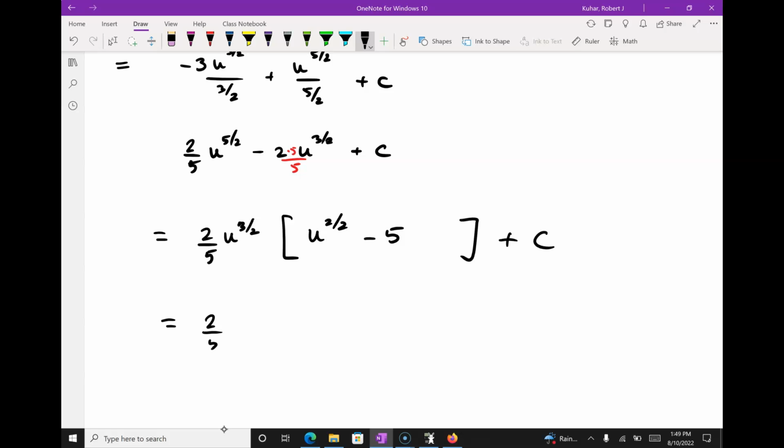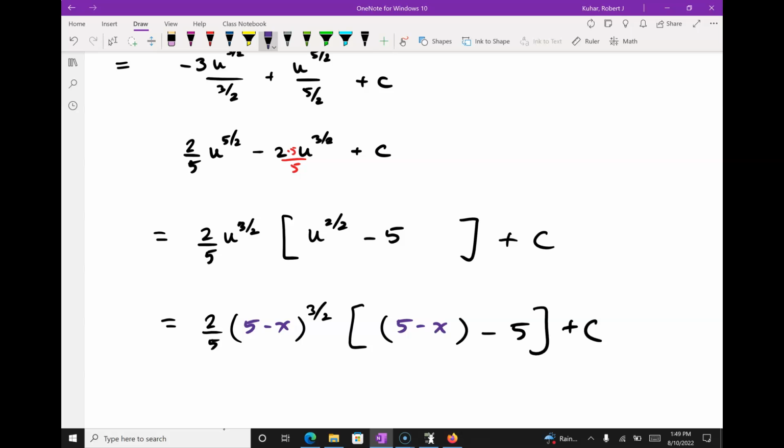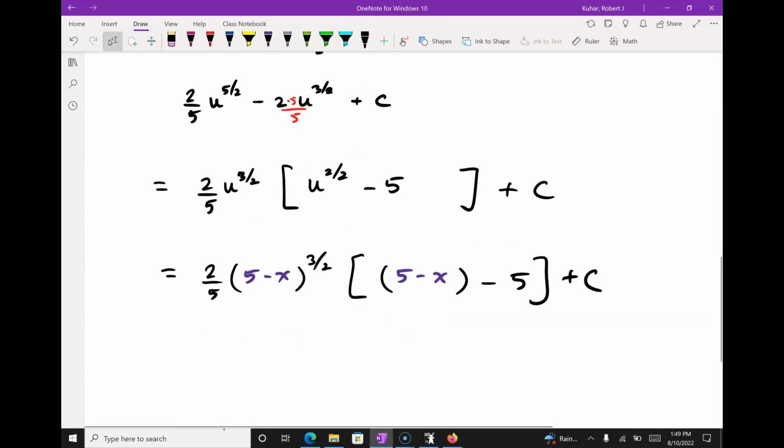So 2/5 u to the 3/2, and then u to the 1, right? But u was what? 5 minus x, right? So it just becomes the opposite of x, right?